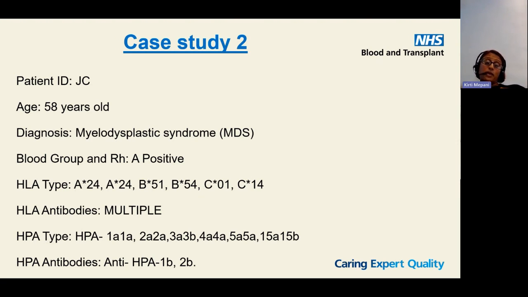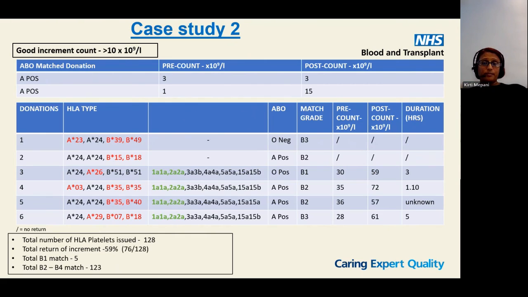And the patient had HPA antibodies, and unfortunately in this case, the patient had 2 HPAs, which is not ideal, but thankfully they were also the common HPA antibodies that you find in our donor population, so we could provide platelets with HPA. So next slide.